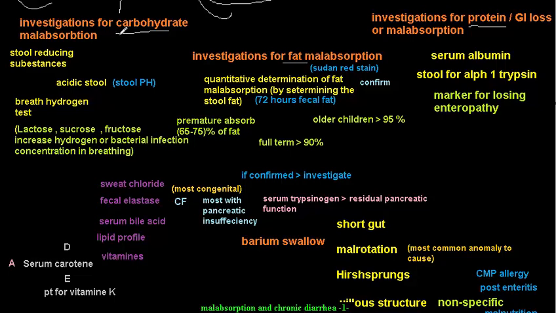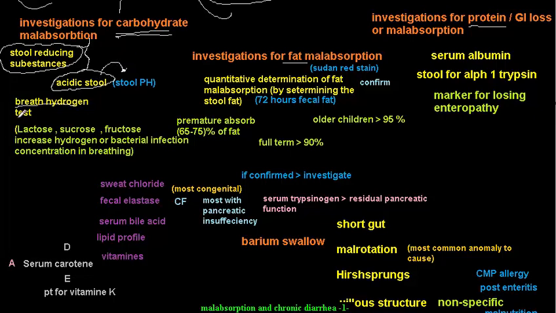In carbohydrate malabsorption, you have to check stool reducing substances. In the stool you may see sucrose, fructose, glucose, okay. The levels of these things may indicate the presence of malabsorption of carbohydrate. Acidic stool, in carbohydrate malabsorption you have acidic stool, so you have to check stool pH.